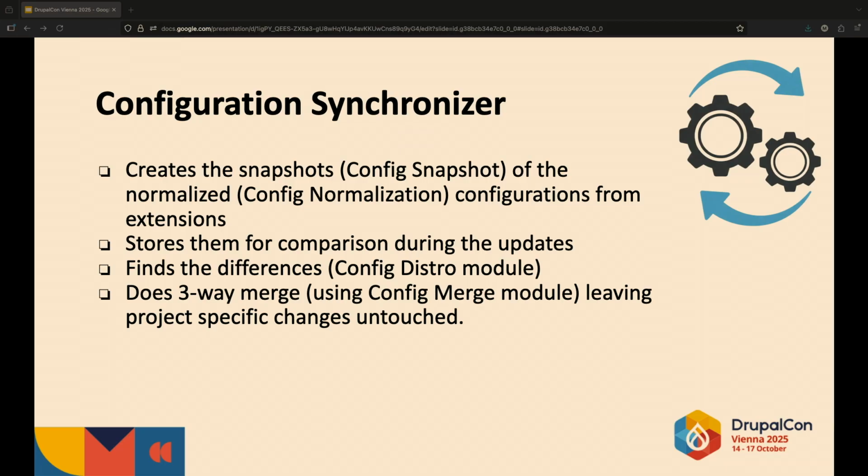It does configuration snapshots in a normalized way from the extension configurations, stores them for comparison during update, and then finds the differences, and then it does a three-way merge based on the base configuration, the active one, and the new one. And in case there is a conflict with the existing one, then it will keep untouched the active configuration on the website. So it means that your update might be just lost.